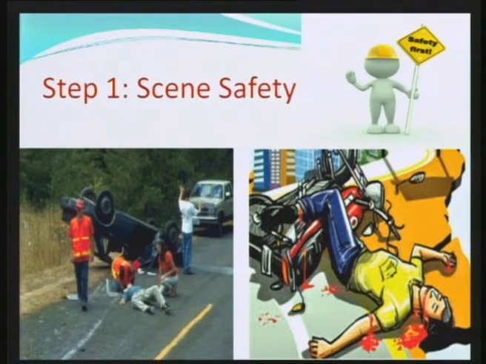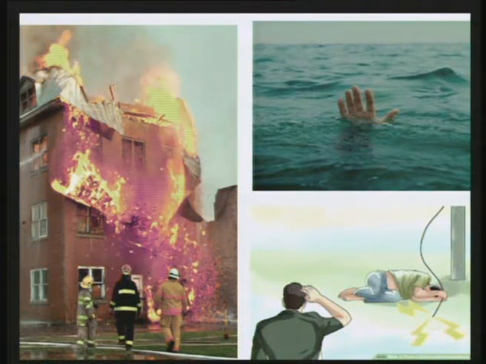As we can see in this picture, the patient is lying in the middle of the road in a case of road traffic accident. So the rescuer has to take the victim to the side of the road where he can start CPR. It's not that he gives CPR in the middle of the road, where he can also be a casualty. In other incidents, like a fire in a building, the victim has to be safely evacuated from the fire area, to a safe place where the rescuer can give basic life support.